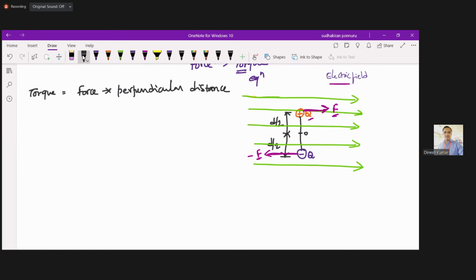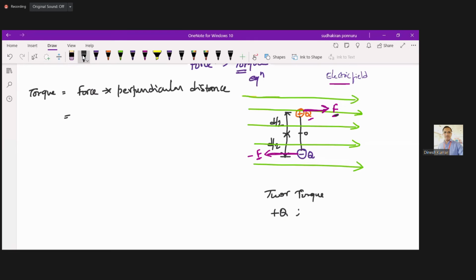This is the basic equation for torque. Here the force is F. We are having two torques: one with respect to plus q and one with respect to minus q.